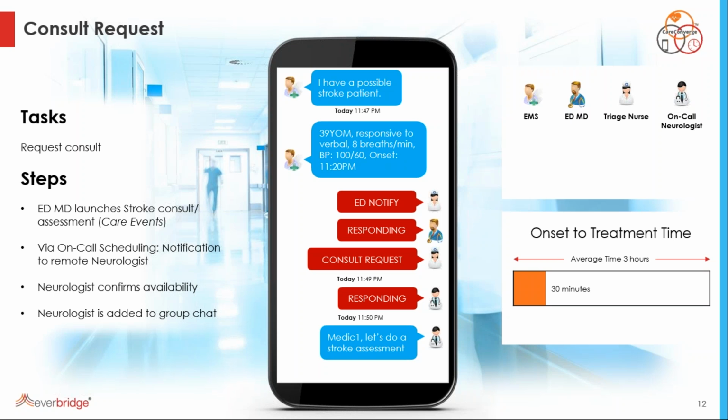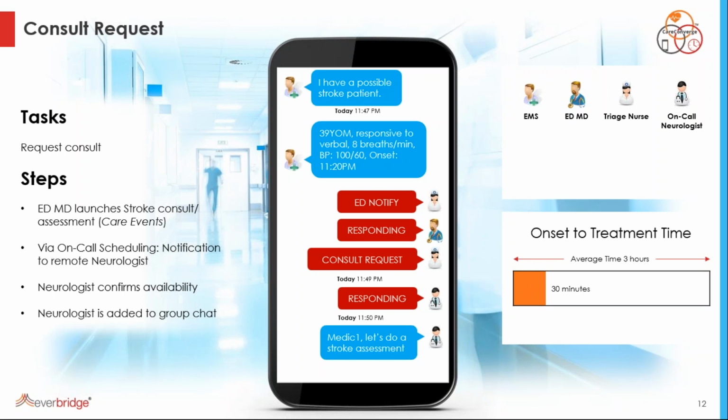Just as background, you want it to work as easily as this. In our scenario, that neurologist is not sitting in the ED, as many of you can imagine, but is actually remote to our entire scenario. And we also don't necessarily know who the on-call neurologist is.